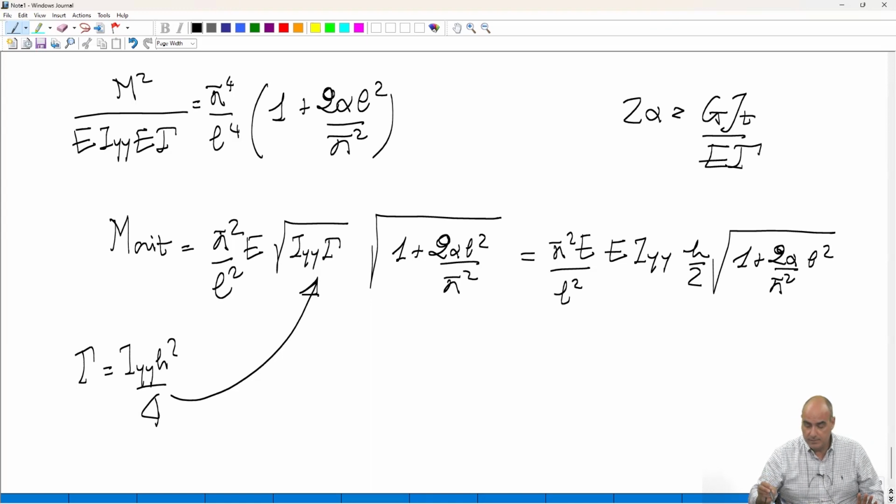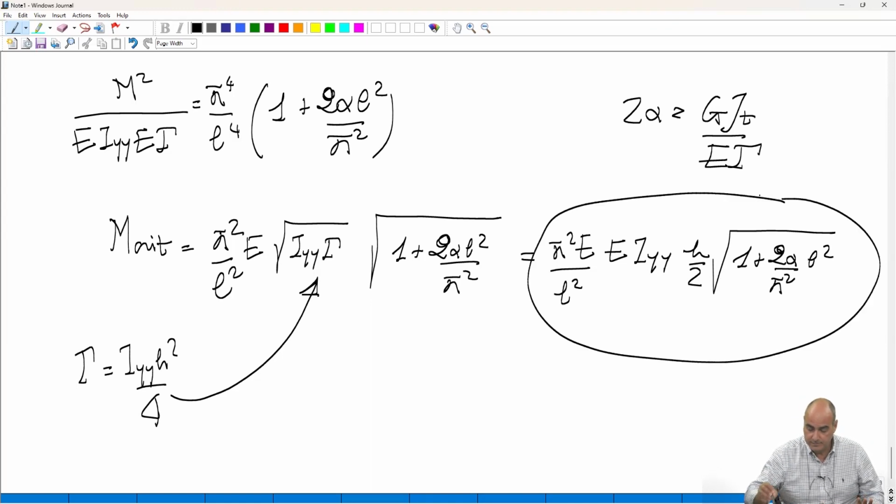Then let's try to look into this formula here. So you remember, let's do like this. You remember the Euler theory of the column.